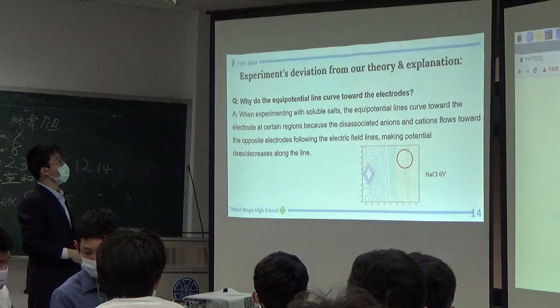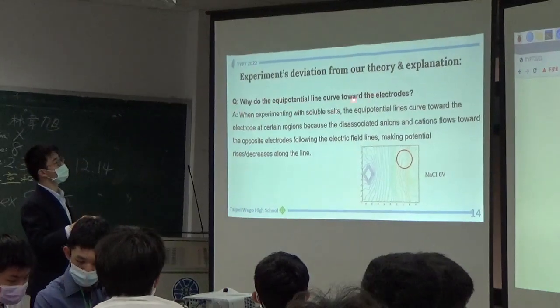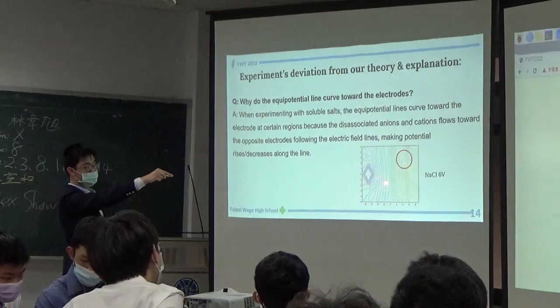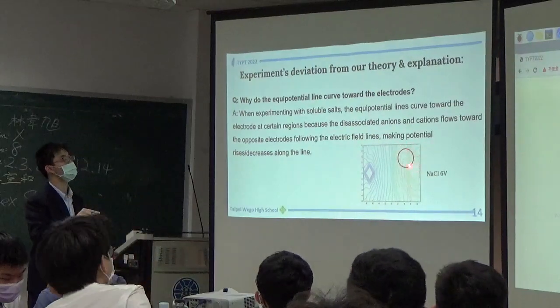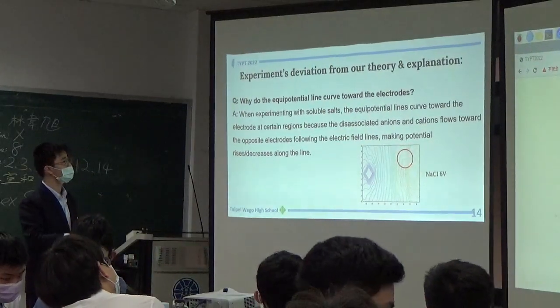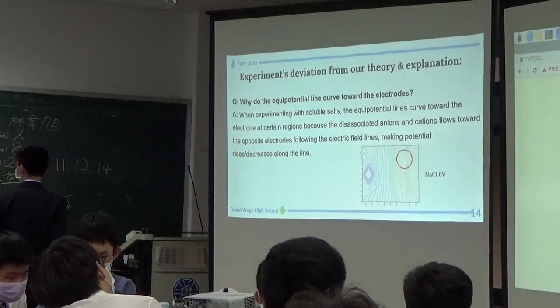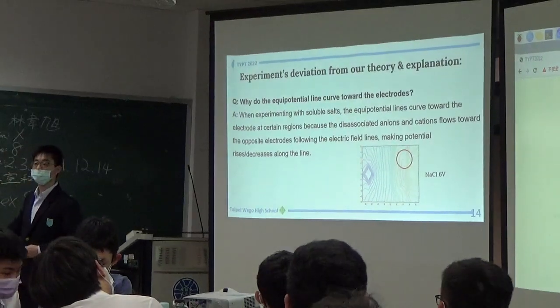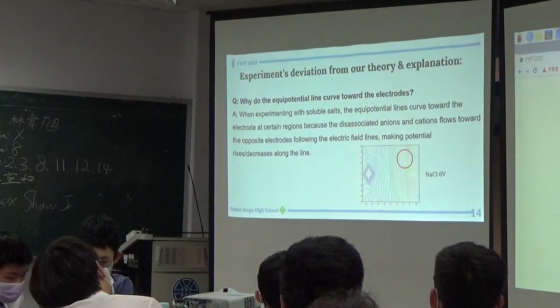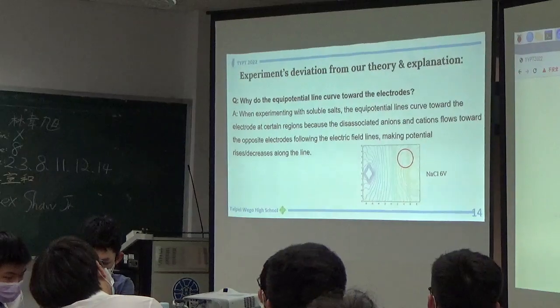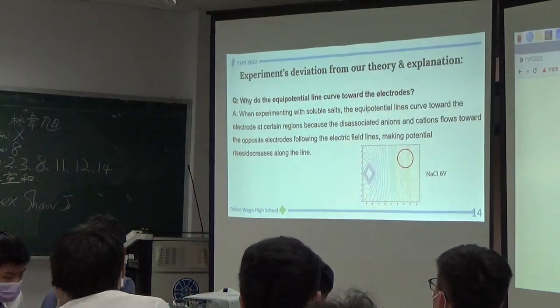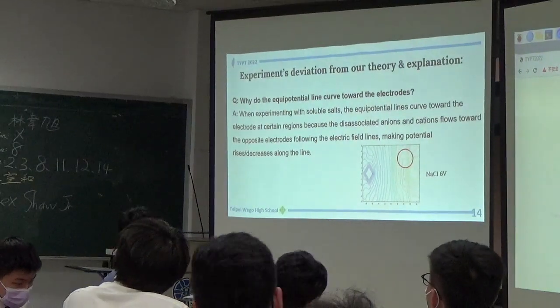Next. Why do the equipotential lines curve towards the electrodes circled out? The phenomenon I'm talking about here is that, now I use the blackboard. Sure. So this is the electrode with the lower electric potential and the higher one. Let's assume it's 5 volts.